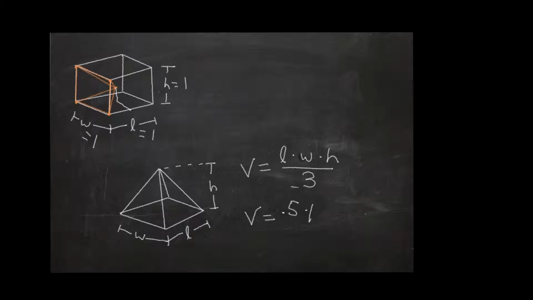Well, the height right here is just 1, so multiplied by 1 again, divided by 3, and this formula simplifies to 0.5 divided by 3. And if we go ahead and divide 0.5 by 3, we get 0.1666666, repeating, and so on.